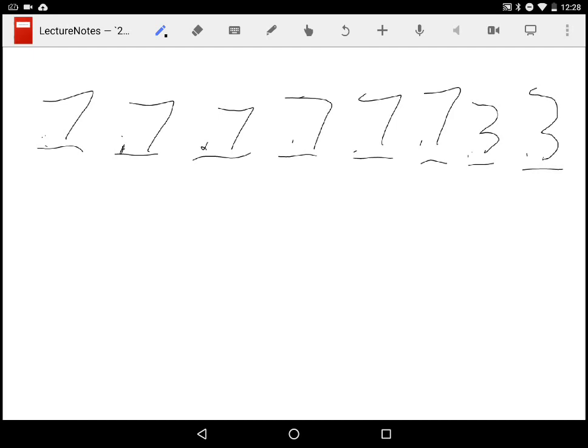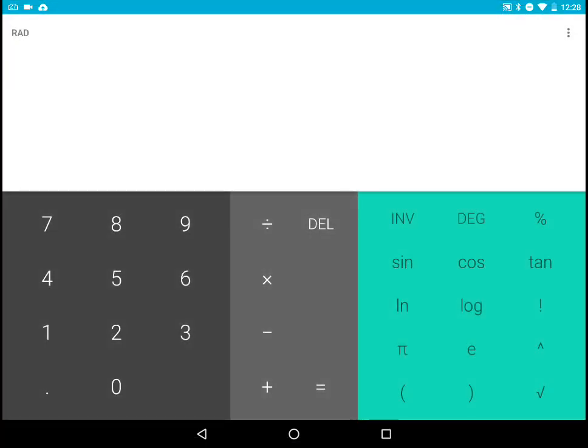Okay? So if we multiply these for this particular scenario, I'm going to go to the calculator and do 0.7 to the sixth times 0.3 squared.